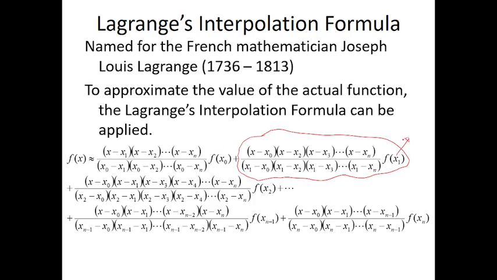Now, same, all x values in the numerator, all throughout, considering all of the terms. That is always the same, written in the numerator for all terms of this equation.